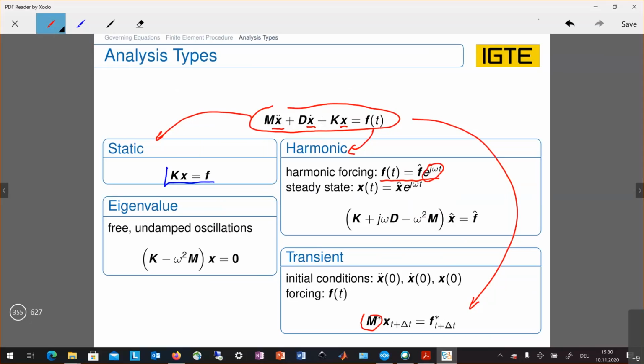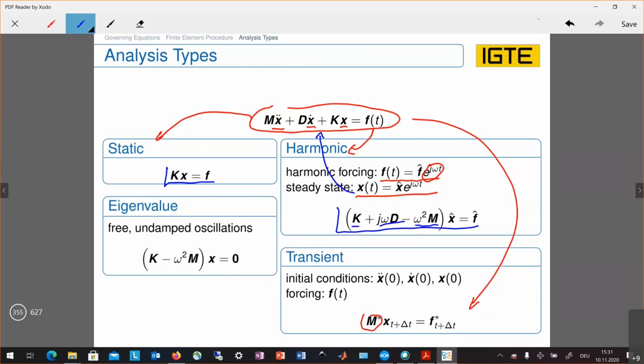When we use such an ansatz and put it into our semi-discrete Galerkin formulation, then the exponential function e with exponent j omega t cancels out, and we come up to this algebraic system of equations where x is now a complex unknown displacement, and we have directly the stiffness matrix, the damping matrix scaled by j omega, and the mass matrix scaled by j omega squared, which means minus omega squared.